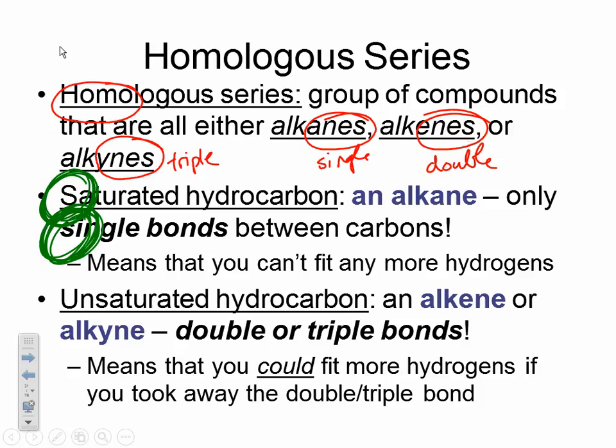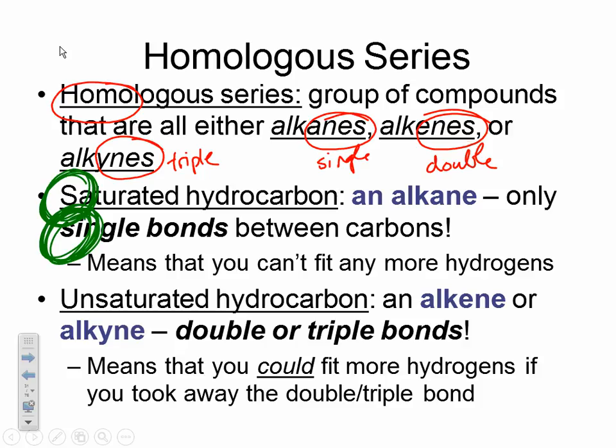If you've heard the term saturated and unsaturated fats, it is actually this idea of hydrocarbons that it's referring to. A saturated fat is a fat in which the carbon chain is connected totally with single bonds, meaning it has the maximum amount of hydrogens attached.